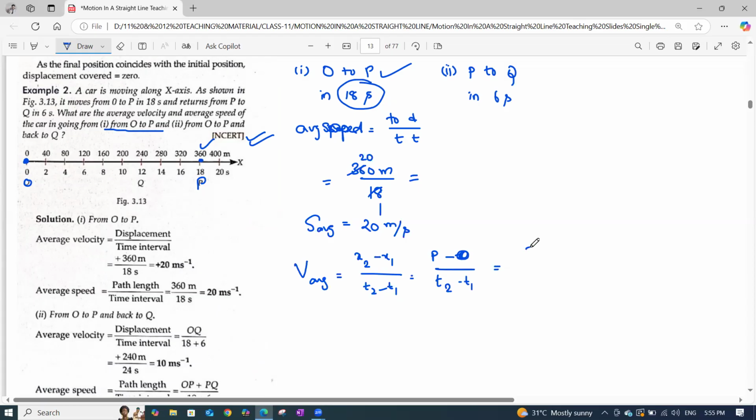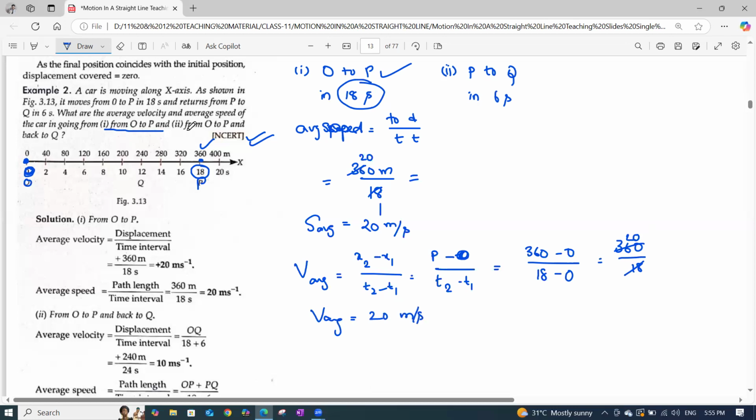So at P the value is 360 minus 0 upon T2. How much time has it taken? At O, time is 0. Here, time is 18 seconds. So 18 minus 0. It becomes the same, 360 upon 18. So V avg value is also 20 meter per second. Like that, we should solve it.